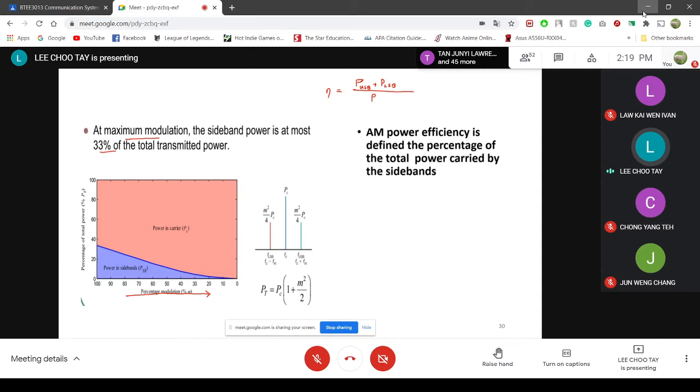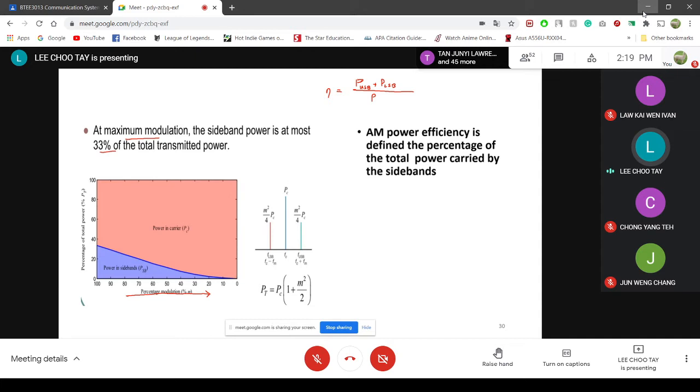That will give you 354, right? Cannot be 35.4. 300 times 1 is already 300. That will be 354 watts. Correct. So that's the total power in the modulated wave.